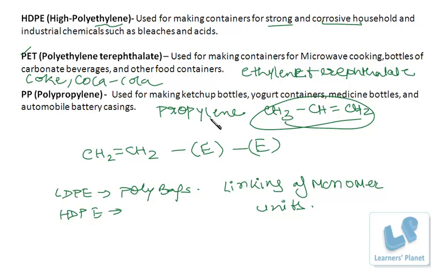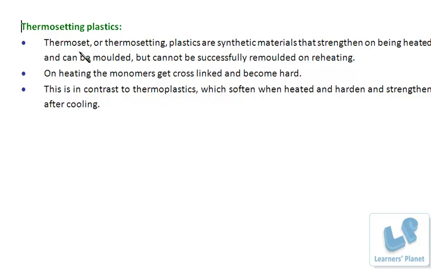Now let's see about the thermosetting plastics. What is the difference between the thermoplastic and thermosetting plastic? Thermoset or thermosetting plastics are synthetic materials that strengthen on being heated and can be molded. They say when it is heated, it gets strengthened.